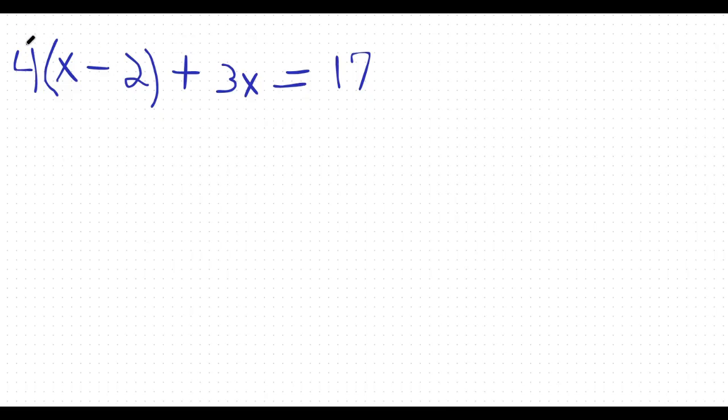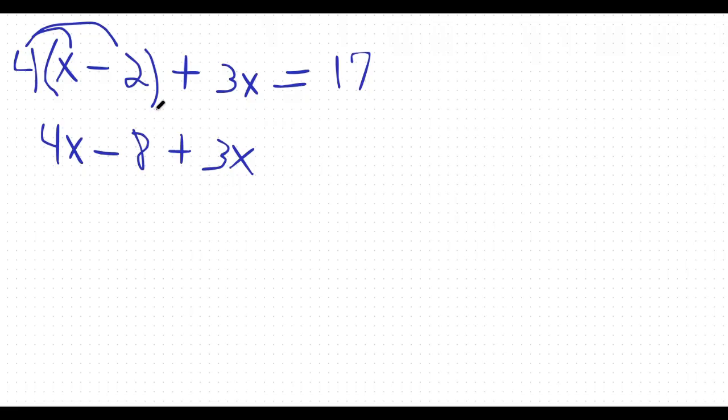Okay, good. Now we're going to work through this. 4 times x and 4 times negative 2. All right, 4 times x equals 4x. 4 times negative 2 equals negative 8 plus 3x. That all equals 17.